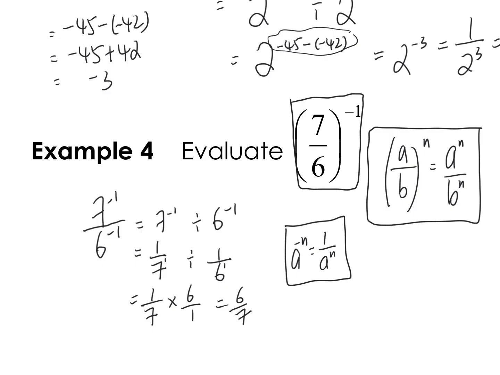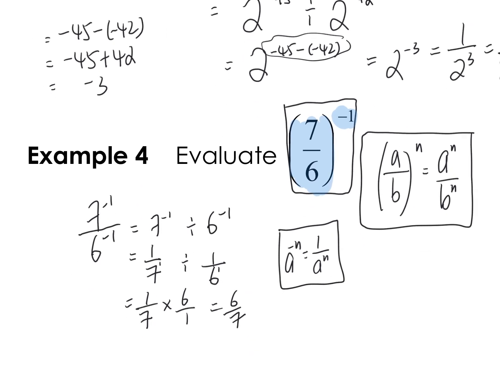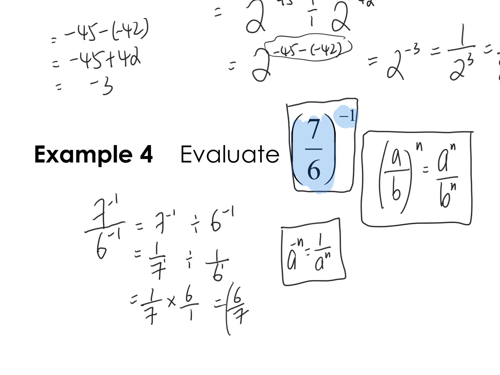Actually the shortcut is this. If you ever have a negative power and you change it into a positive 1, can you see this? From negative 1, you change to positive 1.